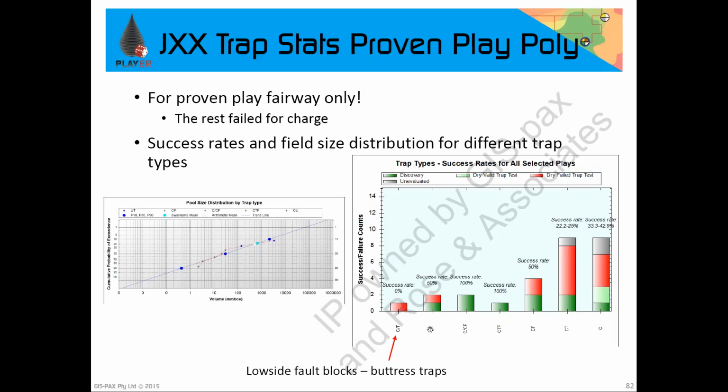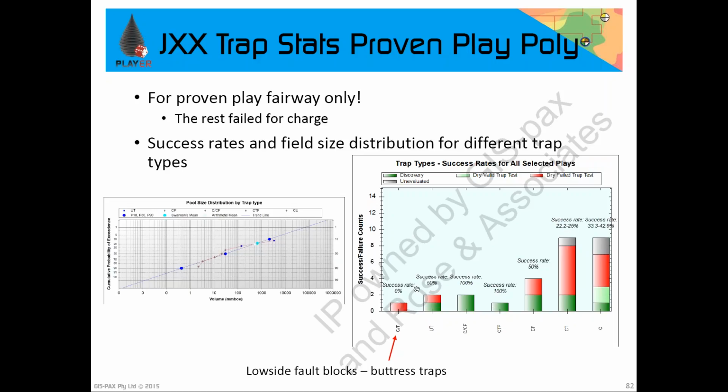But more importantly, we can actually look at the success rate of these different Milton and Bertrand trap types. So the fault independent closures, the simple anticlines, were successful between about 30 and 45% of the time. The tilted fault blocks were less successful, around about 25%, and there's these more complex ones.